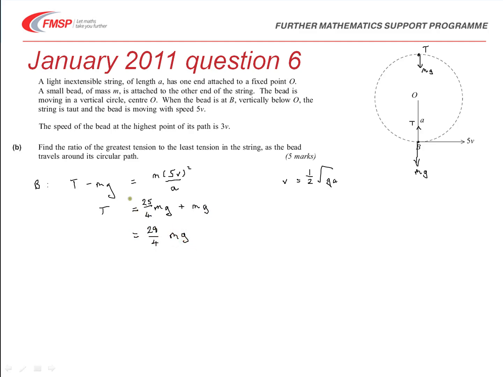So that's the tension when we're at B, so I'll call that TB to distinguish it from TT, which is the tension at the top.